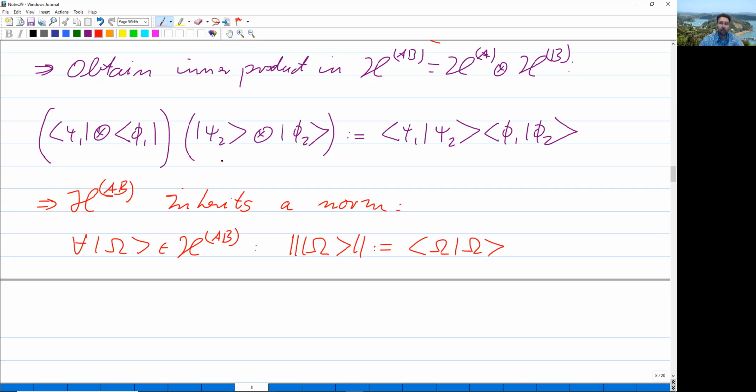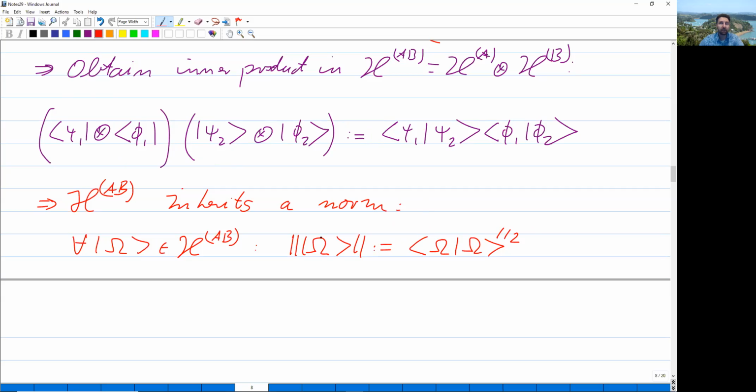If omega is an entangled state, an entangled vector, then you get a sum here and a sum there, two sums. The whole thing needs to be evaluated by summing over both sums. Anyway, we can work this out, and then you also have to take the square root as usual.